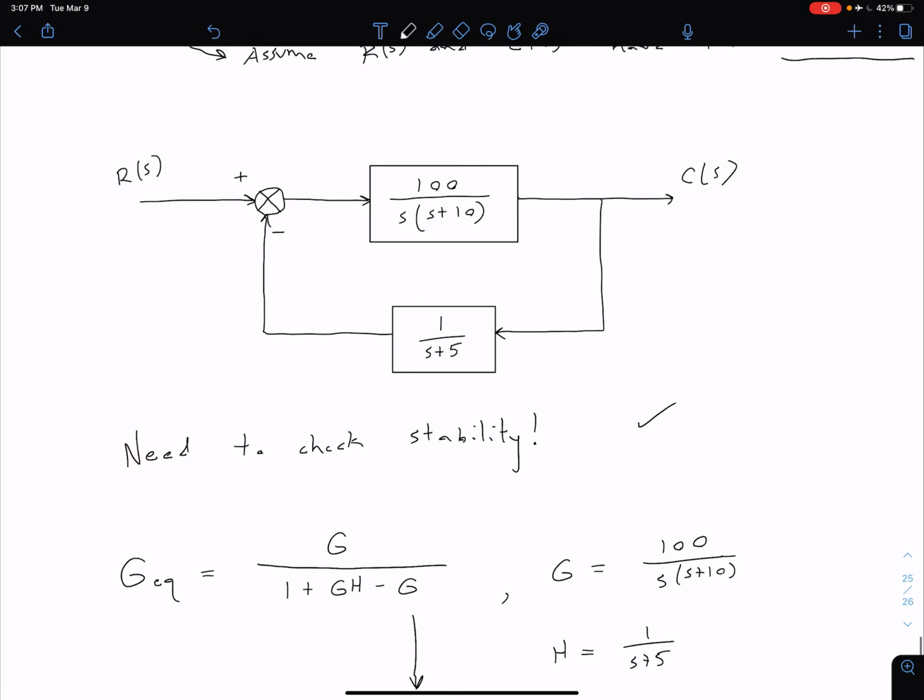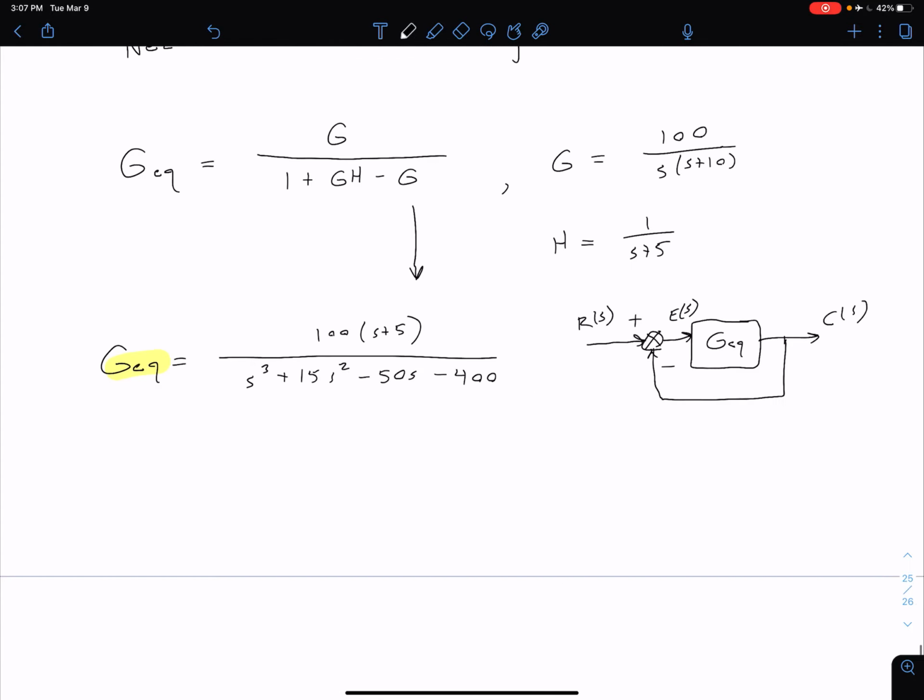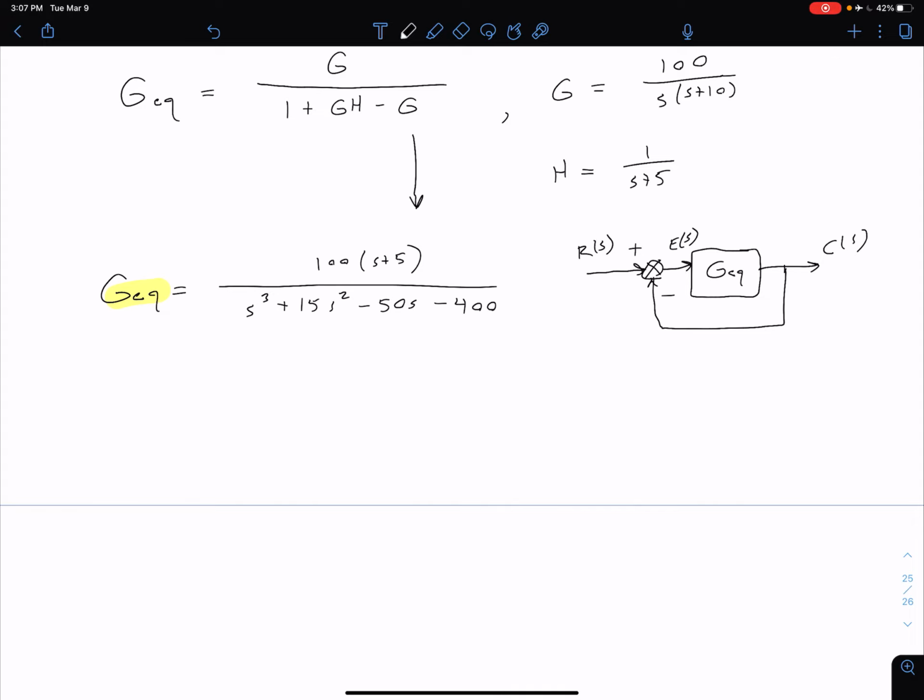The first question was, what is our system type? Remember we were looking at the general expression of G. We said G can be written generally with some gain factor times s plus z1 times s plus z2, and so forth, in the numerator, and in the denominator, s to the N times s plus p1 times s plus p2, and so forth. Our system type is equal to this N. In this case, we're looking at this denominator.